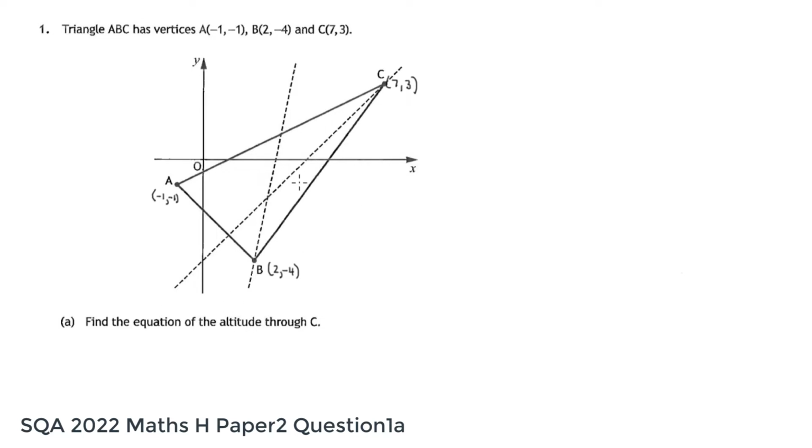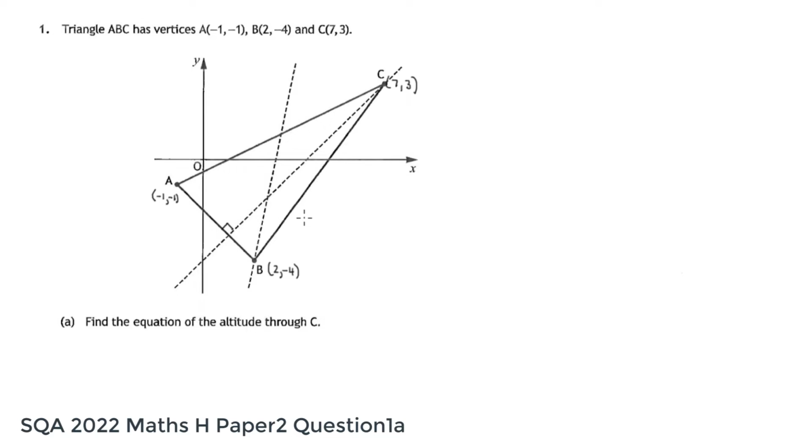Now, altitudes go from one vertex of a triangle at right angles to the opposite side. So this is a right angle. So we have to find the equation of that line. Remember, finding the equation of lines, you need to know a point on the line, which we certainly do, and we need to know its gradient. Now, to work out the gradient of this line, we'll first work out the gradient of AB, because we know the line that we require the equation of is perpendicular to it.